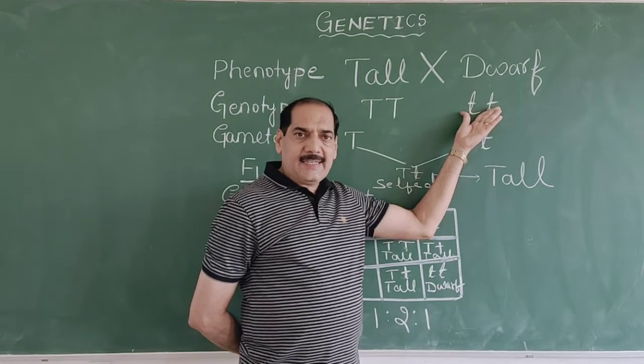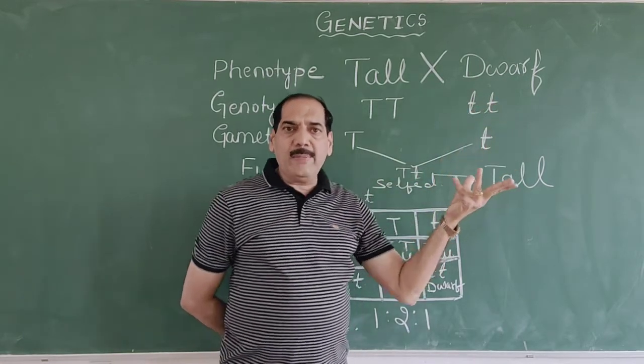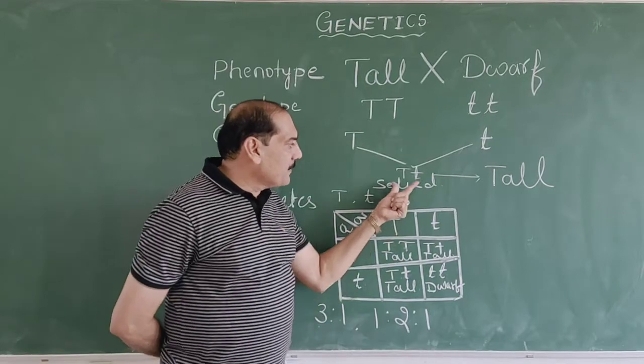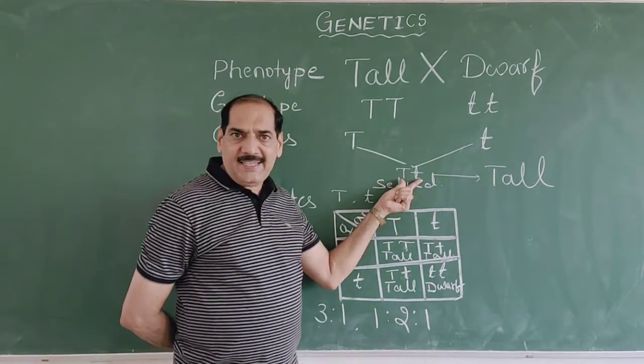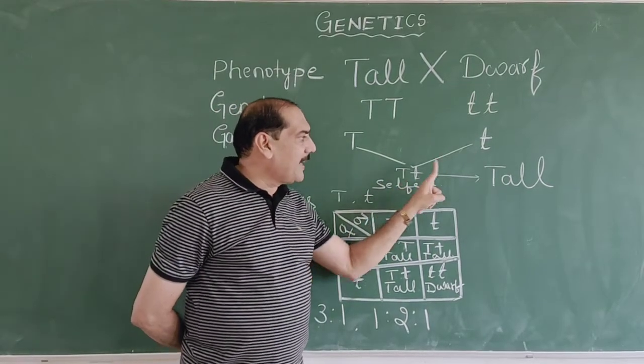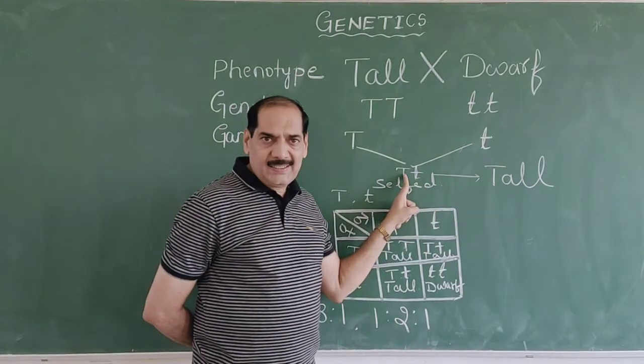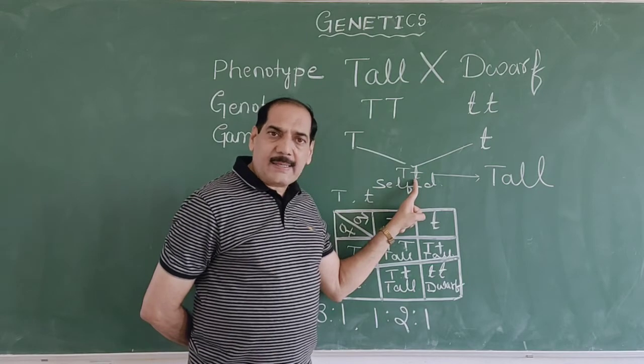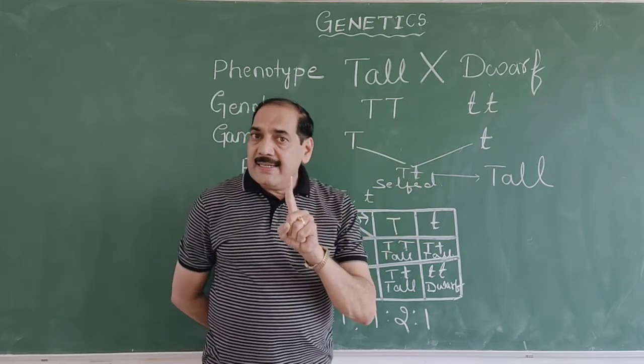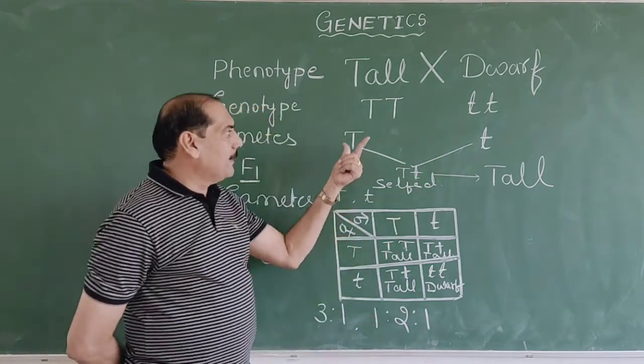It is the recessive. What is dominant and what is recessive? In a heterozygous condition, if the character is expressed, that is called dominant. The one which is suppressed is called the recessive character.